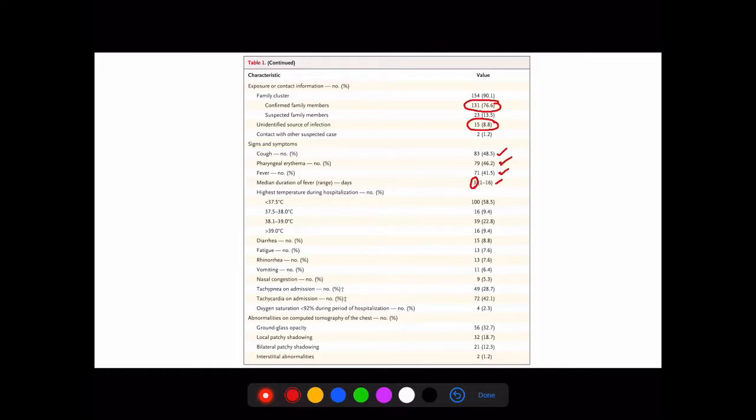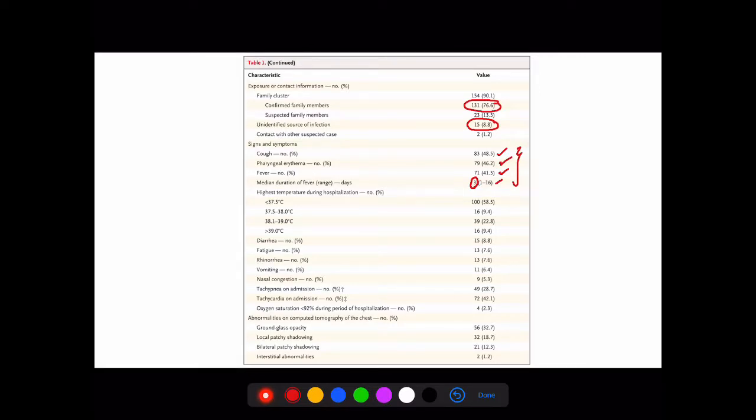So the thing is that fever with cough and pharyngeal erythema is very non-specific, because they are not very sensitive and not very specific clinical signs for COVID-19. I mean, you can get it in upper respiratory tract infections, which can be caused by different types of viruses. You can also get it in tonsillitis. You can also get it in viral infections, etc.